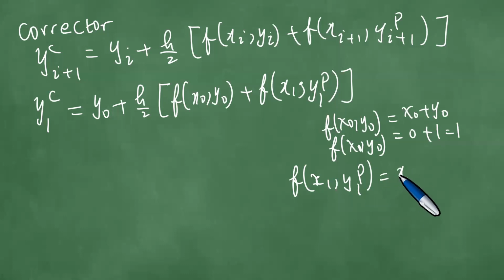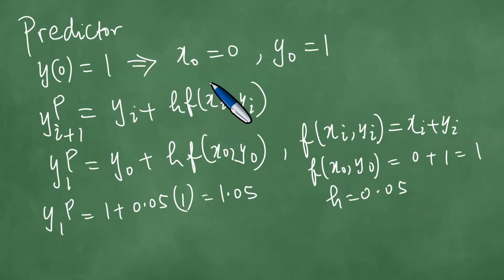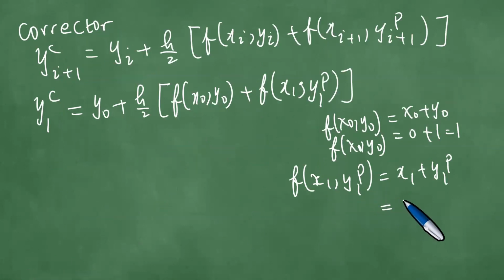So this one is the sum of the components of the function, so it's x1 plus y1 predictor. What is x1 actually? Like we said yesterday, if x0 is 0, x1 is h plus x0, so according to the steps it's 0.05.